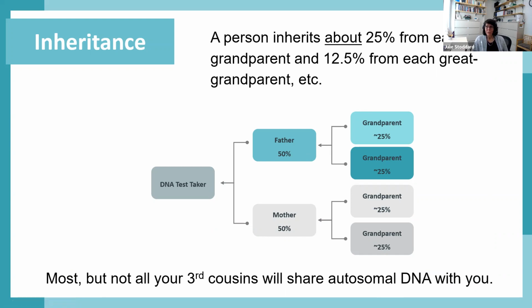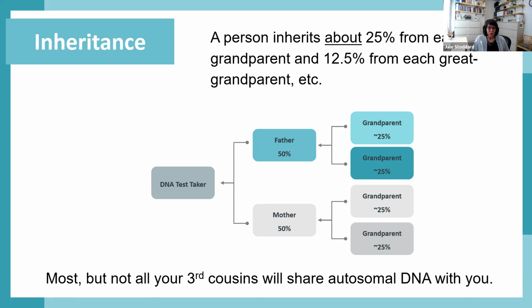I might only get 20% of my paternal grandpa, and then 30% from my maternal grandma. So when I get my dad's 50%, I didn't get an exact 25% from each grandparent. I may have more or less at the grandparent level, and then each generation back, that goes even further, to where the amount you may inherit on your paternal line is different than the maternal line.